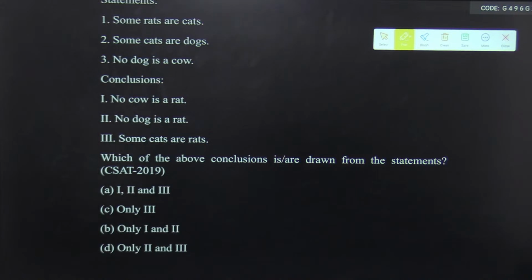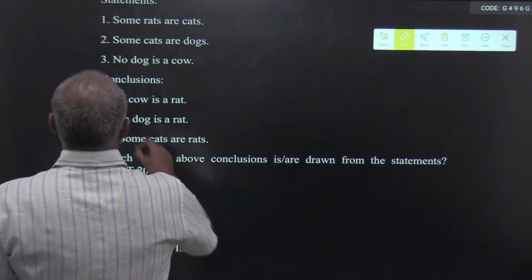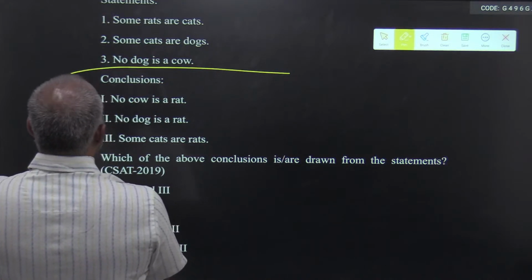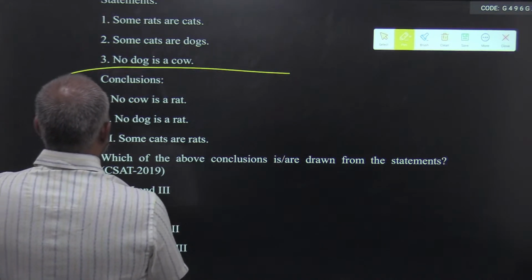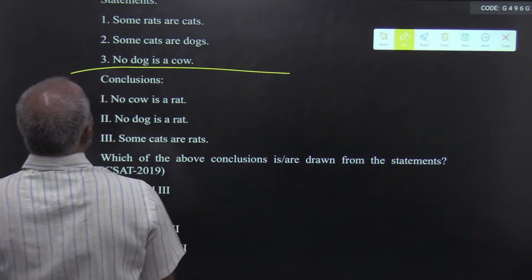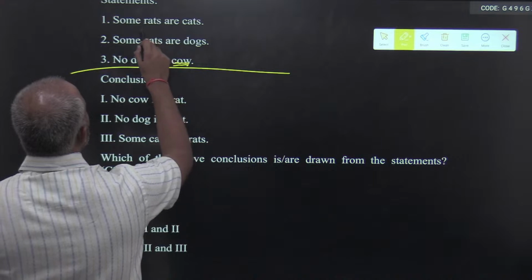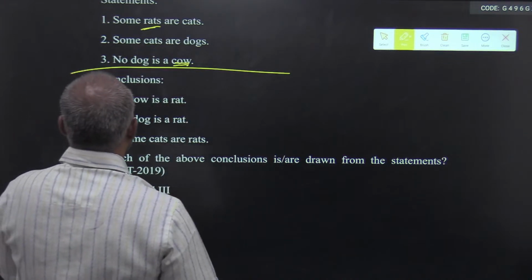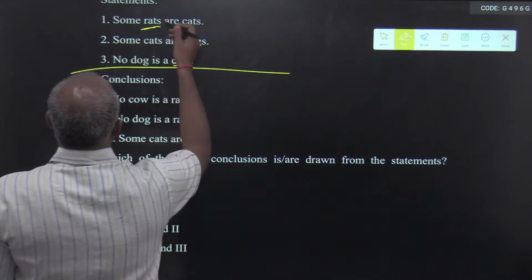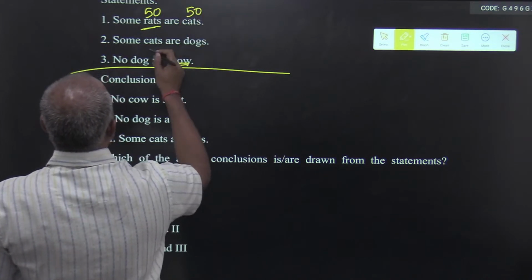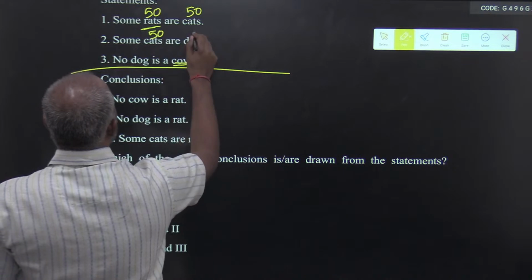Have you solved it? So these are statements, these are conclusions. Cow and rat. Cow is here, rat is here. So some is 50, positive statement 50.